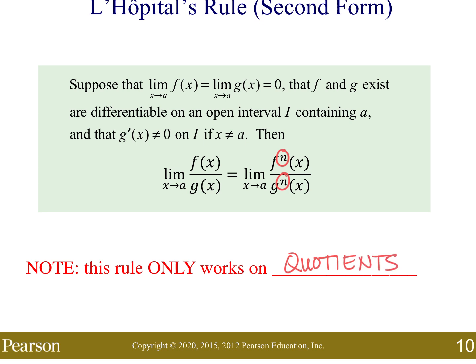So if your problem's not a quotient and you can't make it a quotient by rewriting it, for example, is tangent a quotient? Not yet, but could you make it a quotient? Yes, you can make it sine over cosine. Okay, so if the thing is not yet a quotient, you can then not yet use L'Hopital's rule.